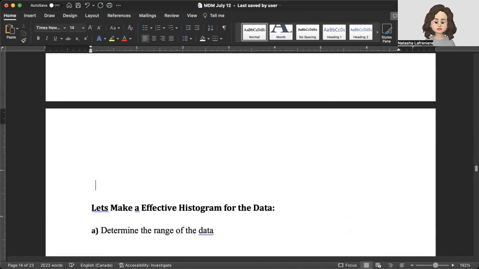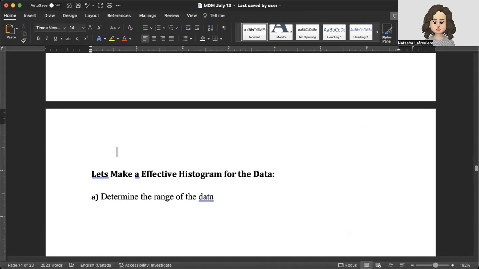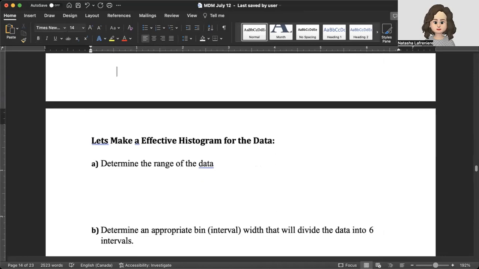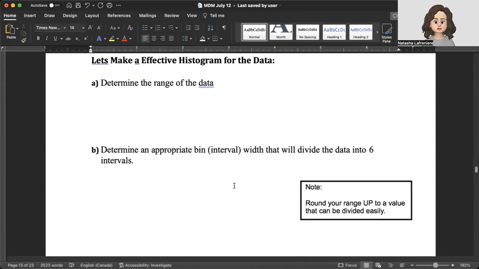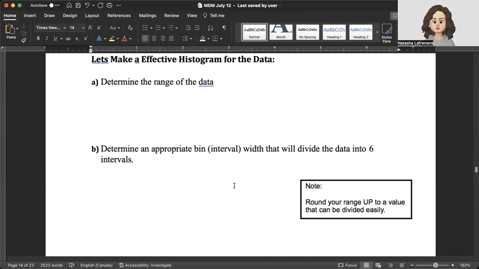Okay, let's make an effective histogram for the data. We have to determine the range of the data. Let me get my pen. There we go. Took a second. Okay, so determine the range of the data.